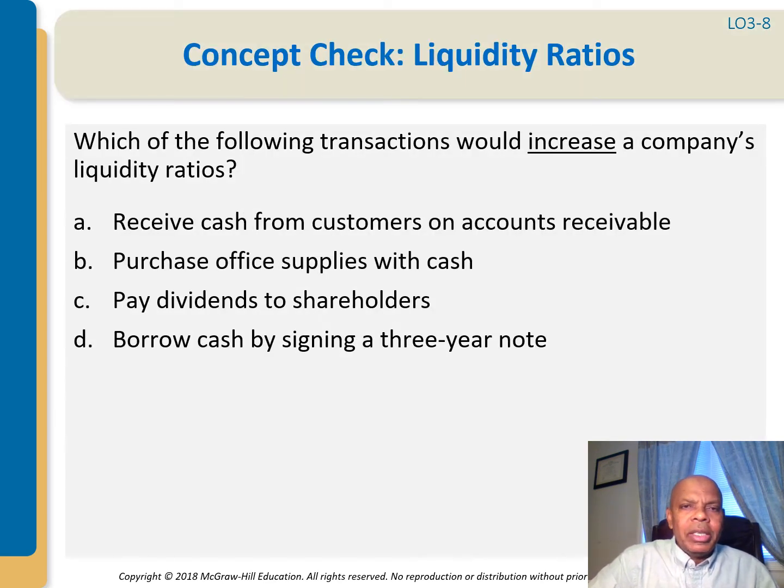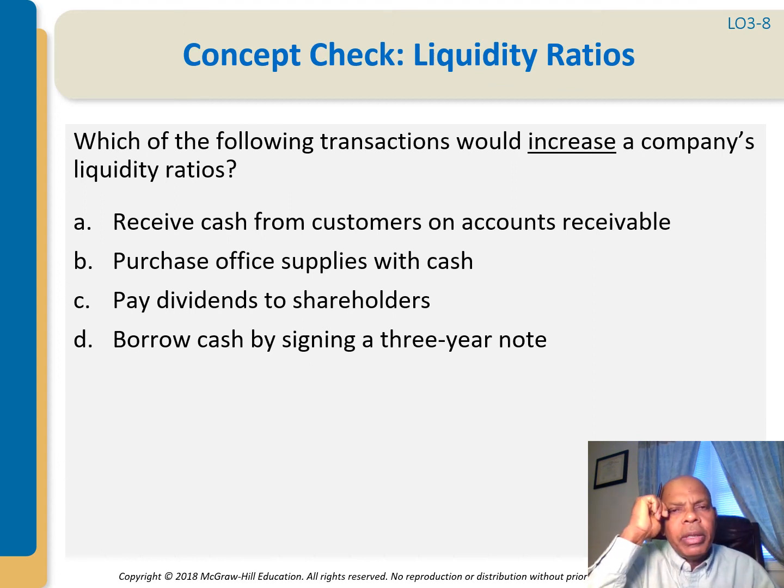Now check what we learn by looking at this question: which of the following transactions would increase the company's liquidity ratio? We know what a liquidity ratio is: current assets divided by current liabilities. What happens when you receive cash from customers on accounts receivable?